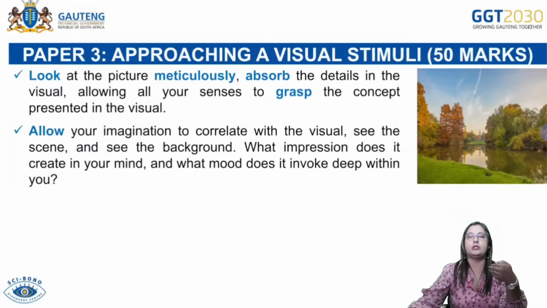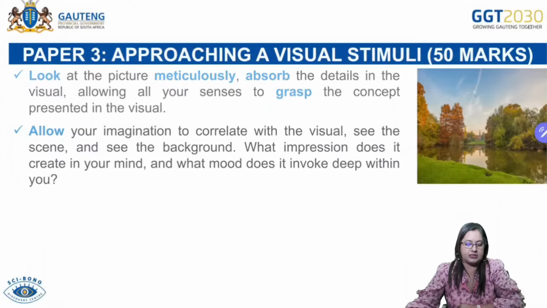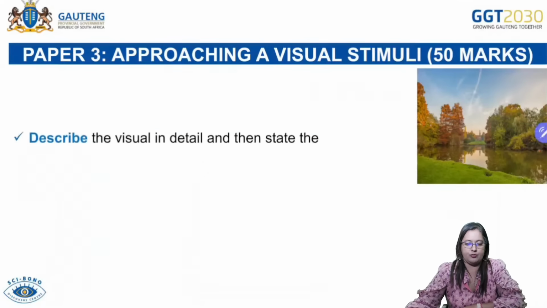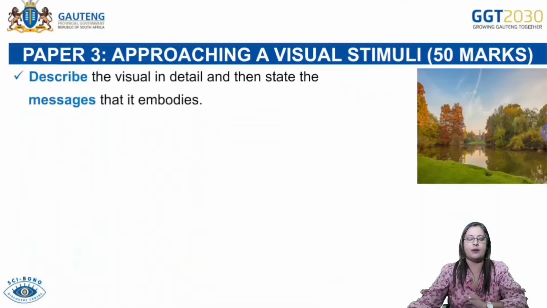Look for possible background information that you can include in the particular piece, and then make sure that when the reader is reading that piece of work, they are really affected in a positive way. So describe the visual in detail and then state the message that it is embodying for you at that particular point.